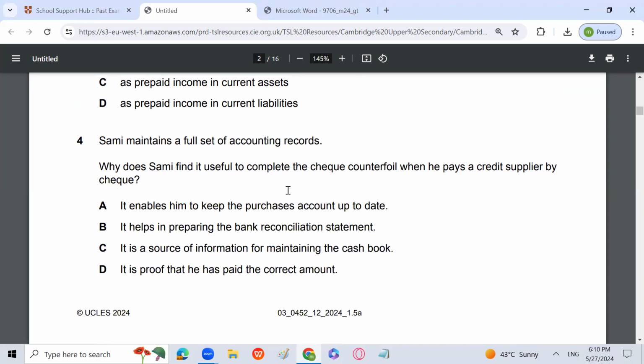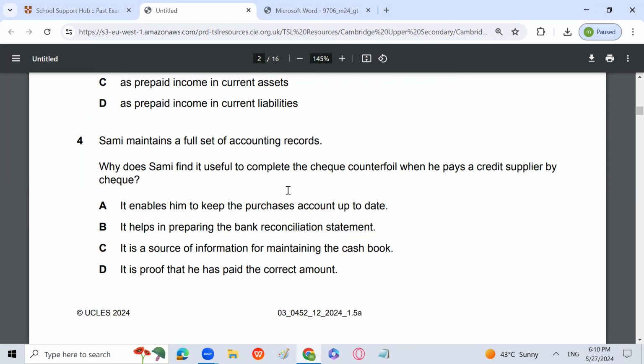Semi maintains a full set of accounting records. Why does Semi find it useful to complete the cheque counterfoil when he pays a credit supplier by cheque? When you are making a payment to someone by cheque, you write the name of that person with the amount in the cheque counterfoil so that you may be able to see to whom the payment was made, after three or four months, whatever.